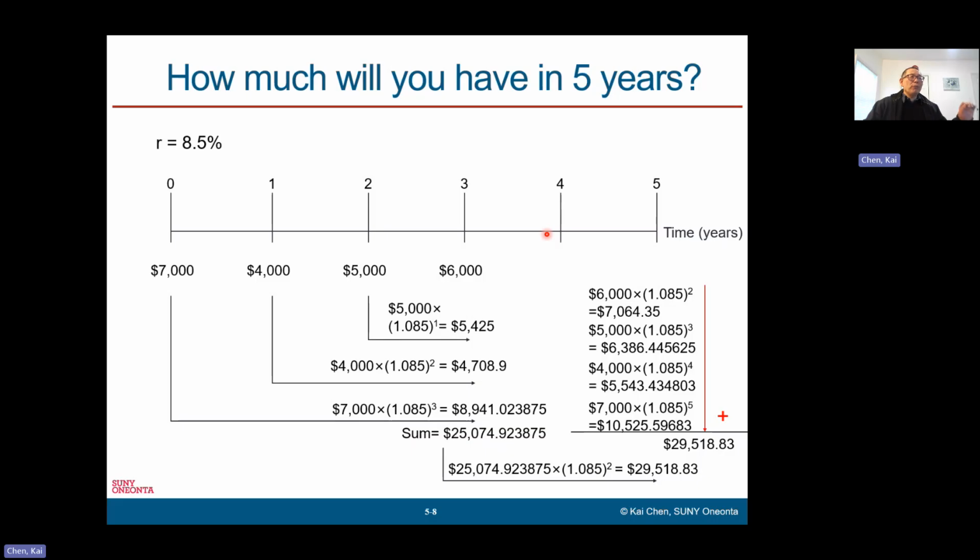During your MBA program, you want to use the car as soon as possible. So you want to know at the end of year 4, how many dollars will you have? Or in other words, you want to find out the future value of these 4 cash flows at the end of year 4.